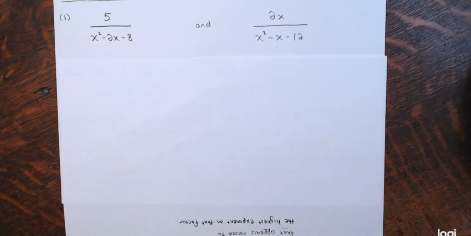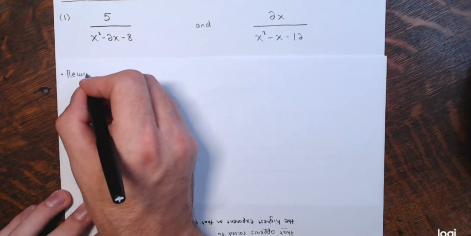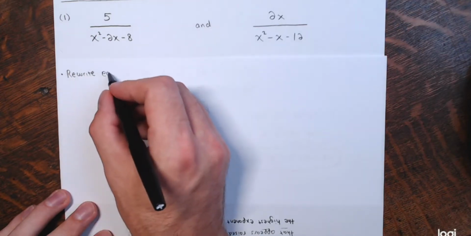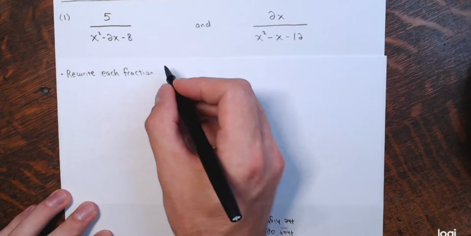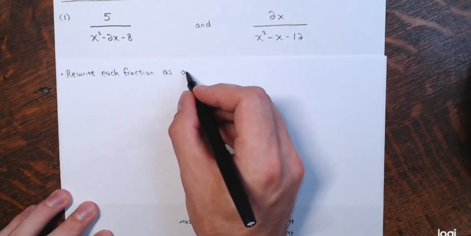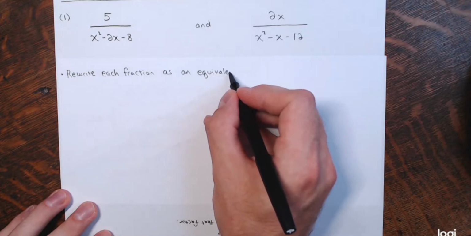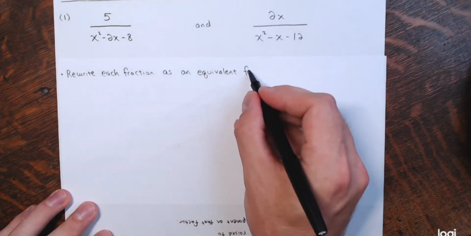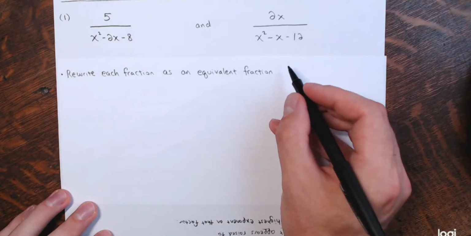So let me do that here. So that's the second part. So I'm going to rewrite each fraction as an equivalent fraction with the same denominator, right? With the denominator of the LCD.